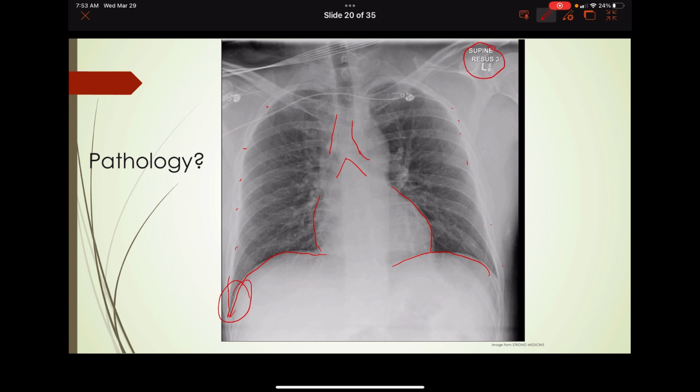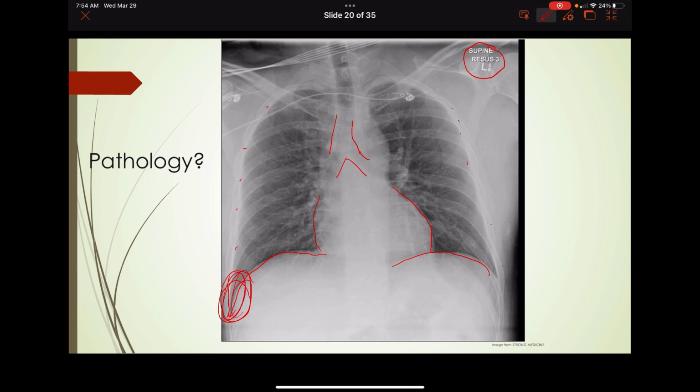So this is what's called a deep sulcus sign, and that's indicative of a pneumothorax. You see it in supine patients. If you put this patient upright, you'd probably see a normal classic pneumothorax. And again, you can pop the ultrasound on this and pick it up much easier than with the chest x-ray, as the ultrasound is much more sensitive and specific for pneumothoraxes.